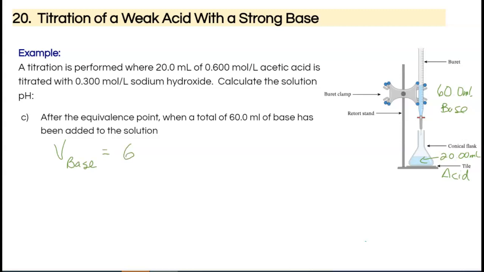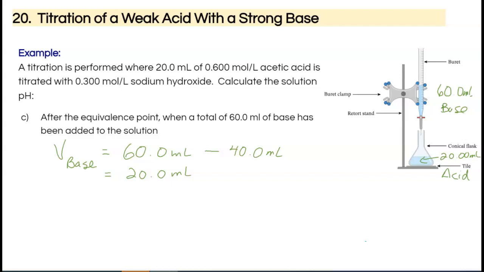If I've added 60 milliliters at this point, and it took 40 milliliters of that base to neutralize all of my acid, then there's a surplus of 20 milliliters of base left in the conical flask to contribute to the pH.